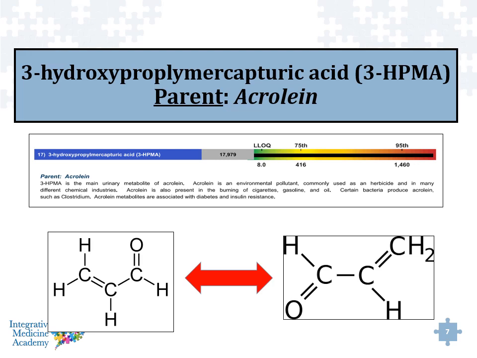In some cases, it's extremely high, well above the 95th percentile, when it's felt to be most clinically significant. It's not that it couldn't be an issue at a lower level. Acrolein can occur because of different exposure sources, and it can cause a wide variety of health problems. Two well-known ones are insulin resistance as well as diabetes.